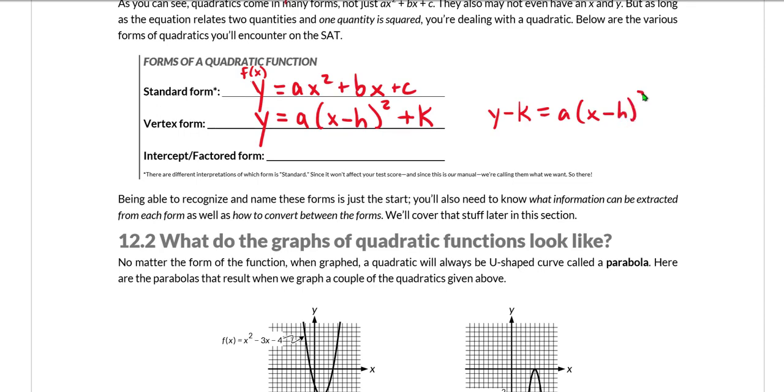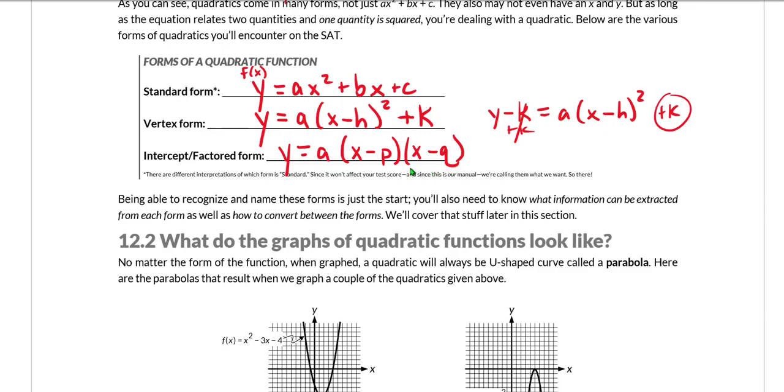Those are obviously exactly the same, except that in one case k has been subtracted from both sides and now ends up over there on the left as a minus k, and of course in this case we've added k to both sides and ended up with the positive k over there on the right. Intercept or factored form is going to be y equals a, parentheses, x minus p, times x minus q.